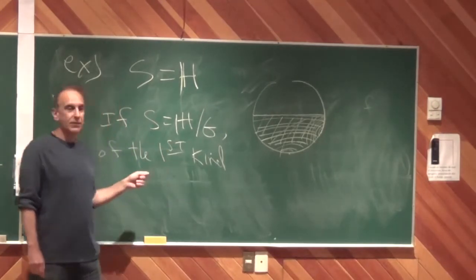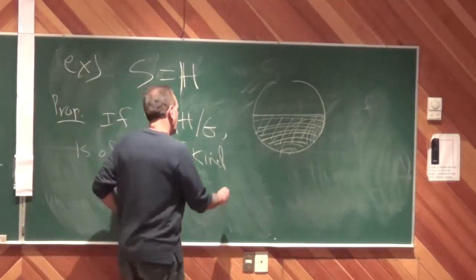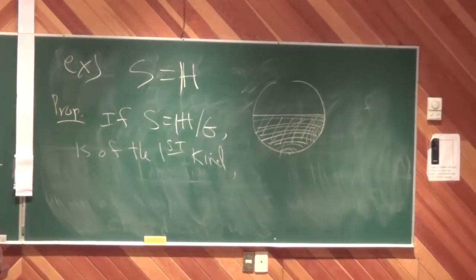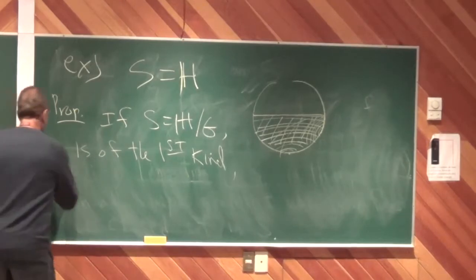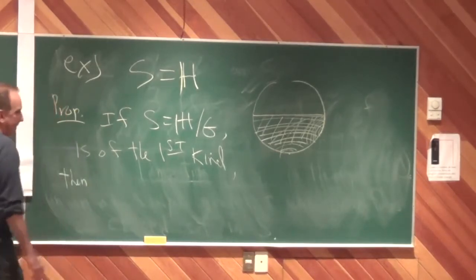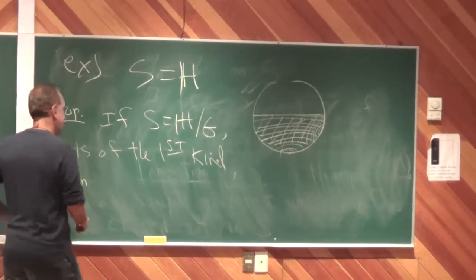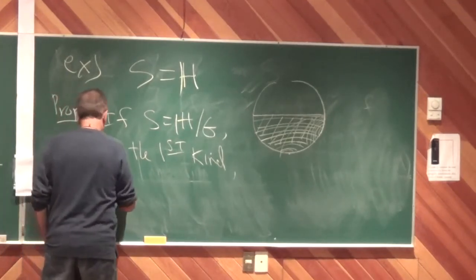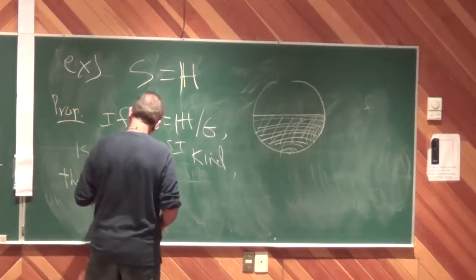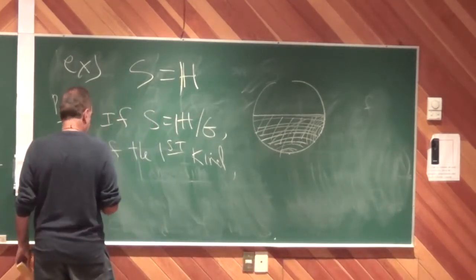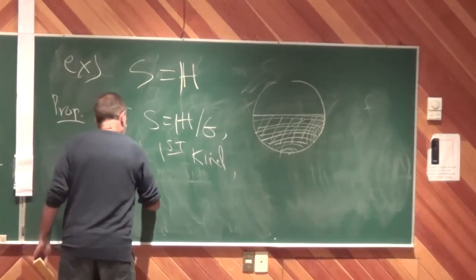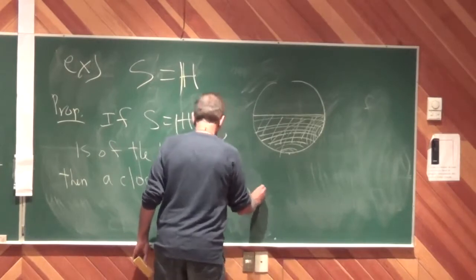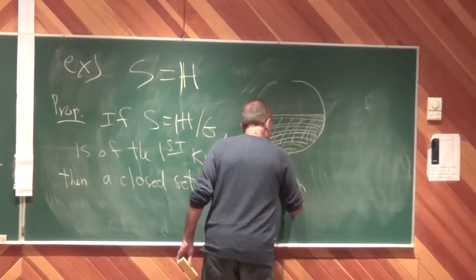And that's what first kind means. So if S is of that form, then there exists a closed set in S, which is a geodesic lamination.